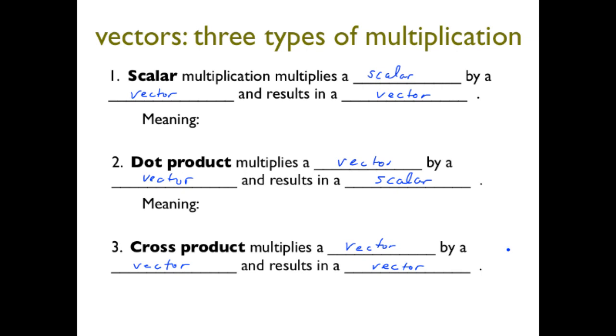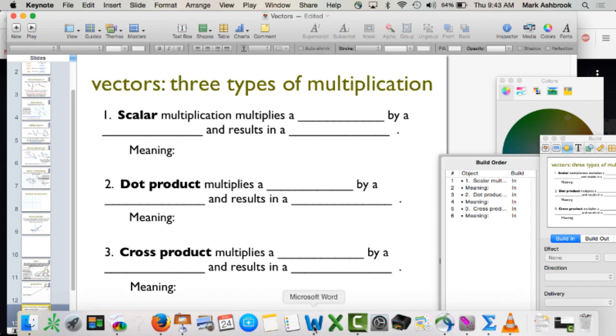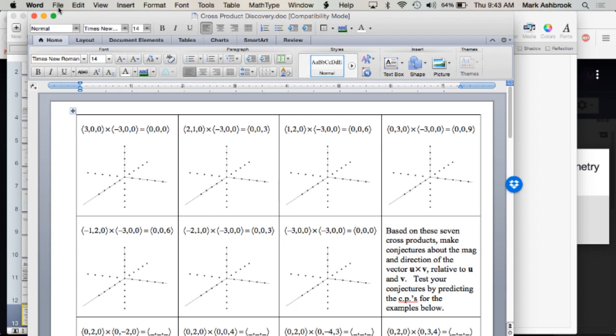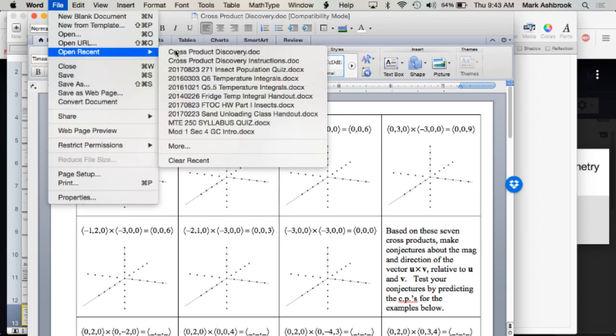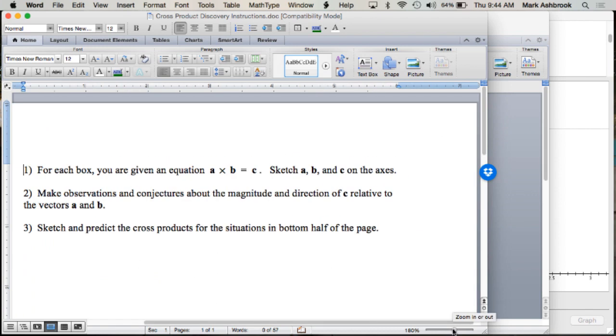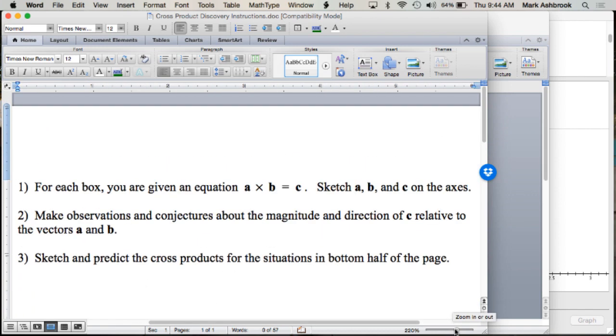So again, you're going to start by doing the first 7. You're going to draw 3 vectors. I'll put the instructions on the board. For the first 7, you're given an equation, so I'm giving you A and B and the resulting cross product vector.